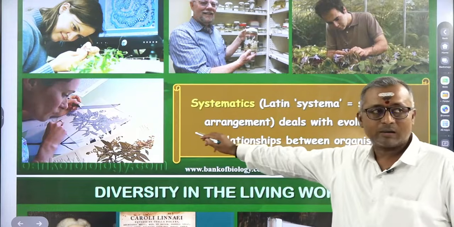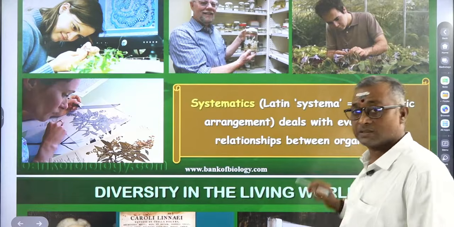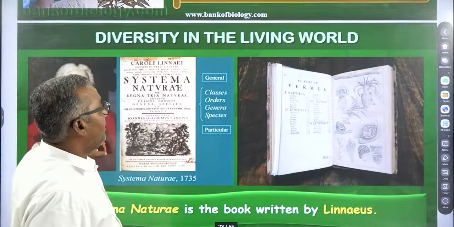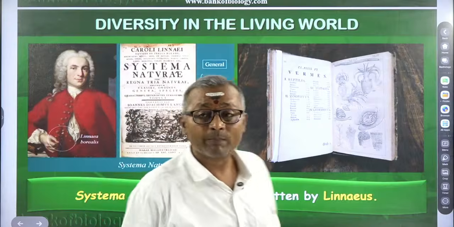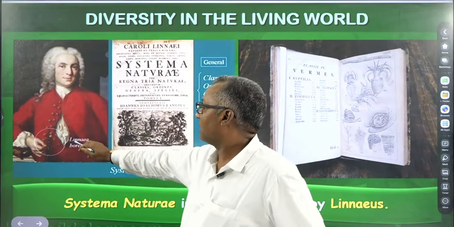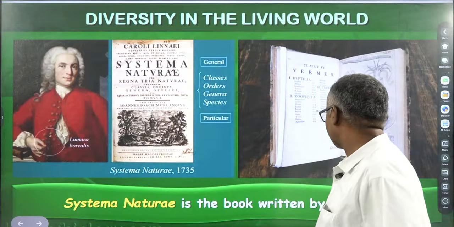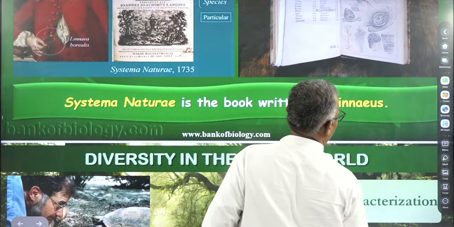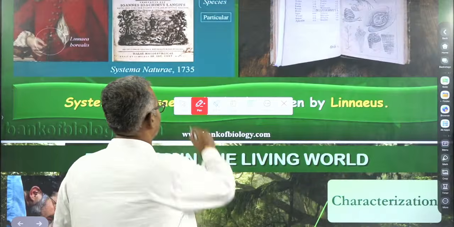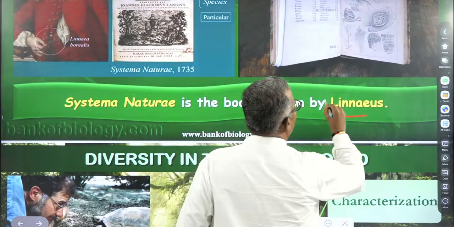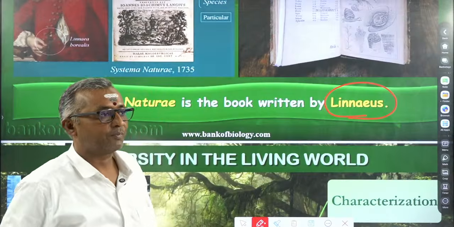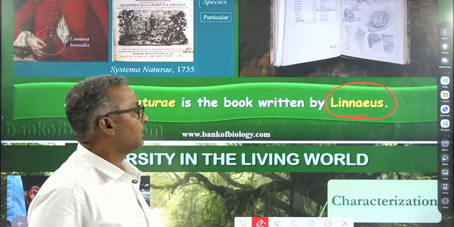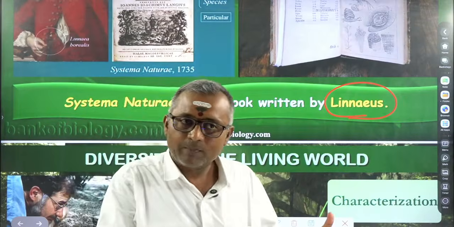Systematics is nothing but arrangement of things. It deals with evolutionary relationships also. That is the importance of systematics. And this word systematics was used by whom? It was used by Carolus Linnaeus. This is the man who used the term systematics. Understood?